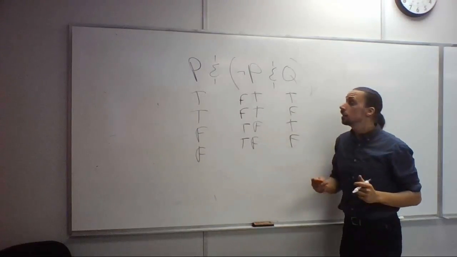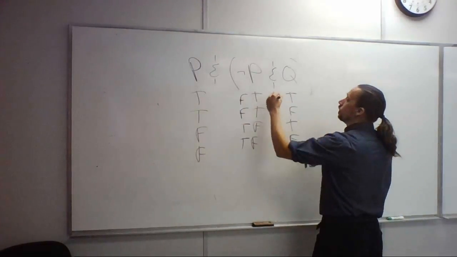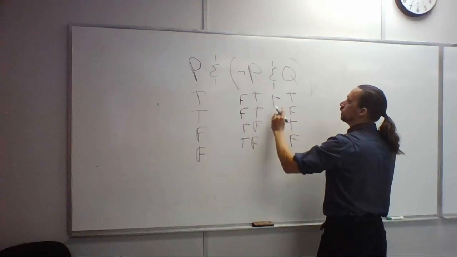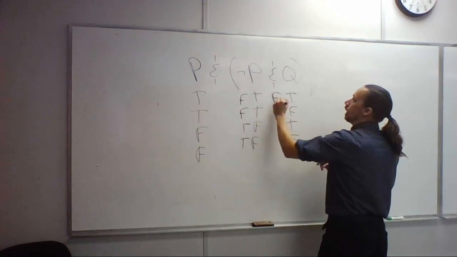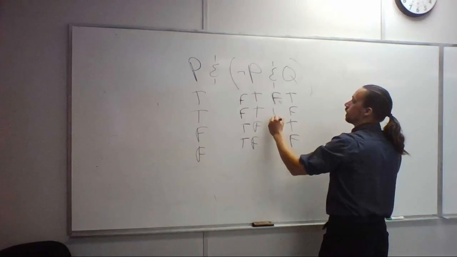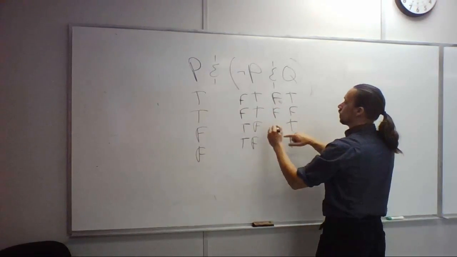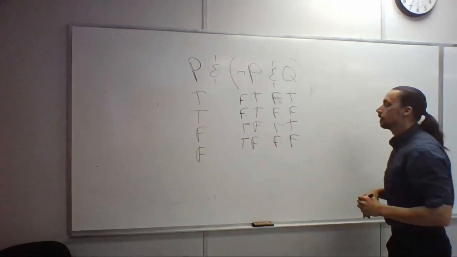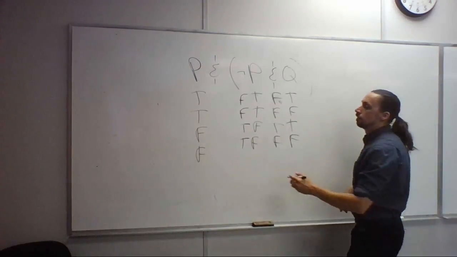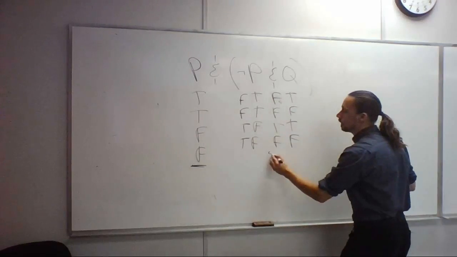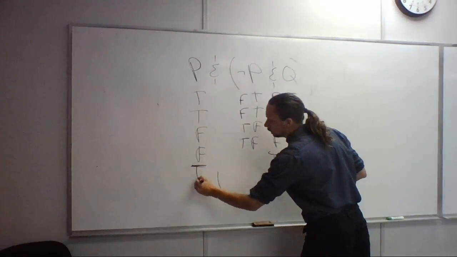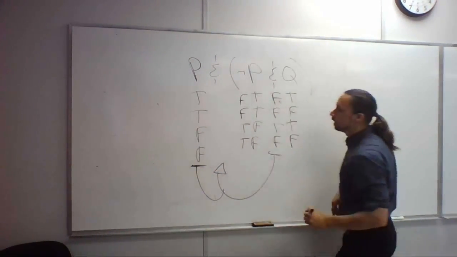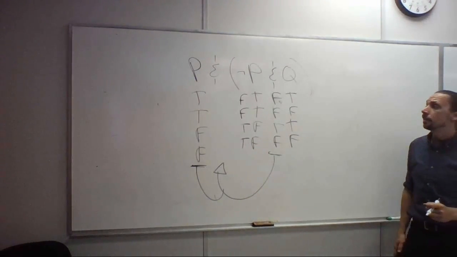And is only true when both sides are true, so I want to go false, true, false, false, false. Right? That makes sense? Now, this one here and this one here are going to combine together to give you the values of the main logical operator.